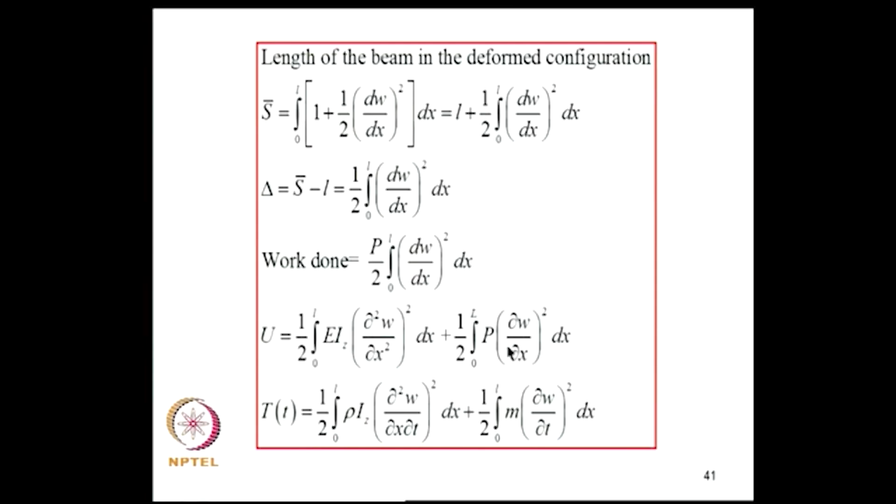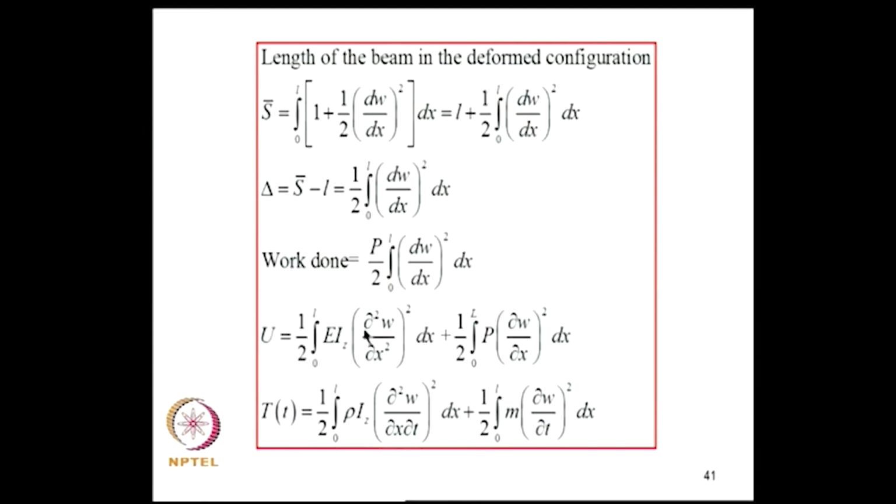Now, the kinetic energy, if you include the effect of rotary inertia, we will have this term, and this is the kinetic energy due to the transverse vibrations. So, this is the expression for strain energy and kinetic energy for a Rayleigh's beam which carries axial loads. This is a new term.